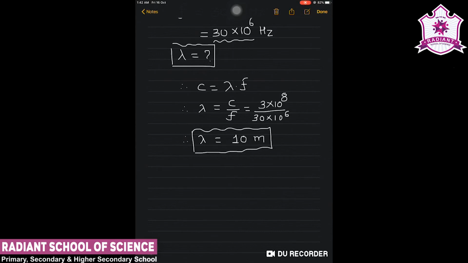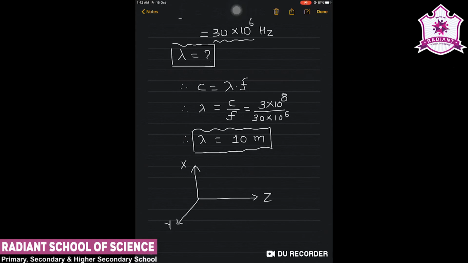Now we are given the direction of the resultant wave. Suppose we consider x, y and z axes over here. If we consider this as x, then this would be y, and this is z.